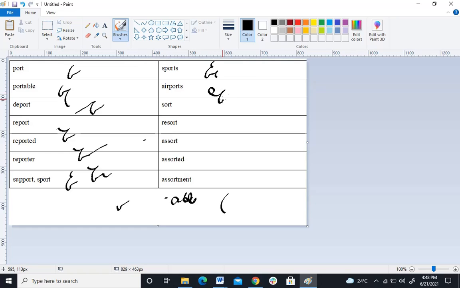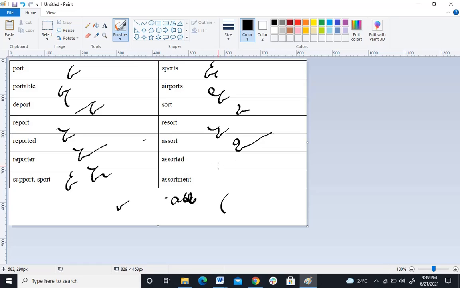Sort. S-O-T. Sort. Resort. R-S-O-T. Resort. Next, assorted. We have A-S-O-T-D. Assorted. Ano ba yan? Assort pala muna. I'm sorry.